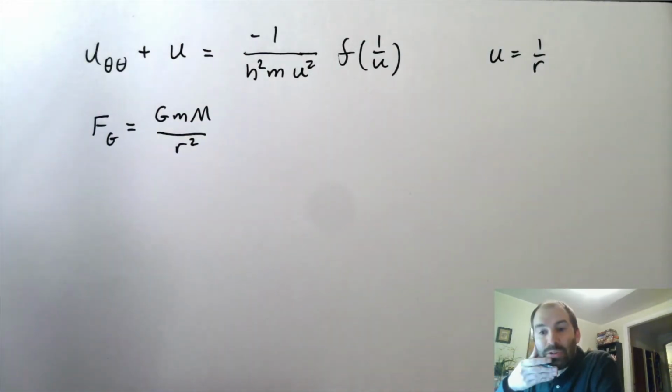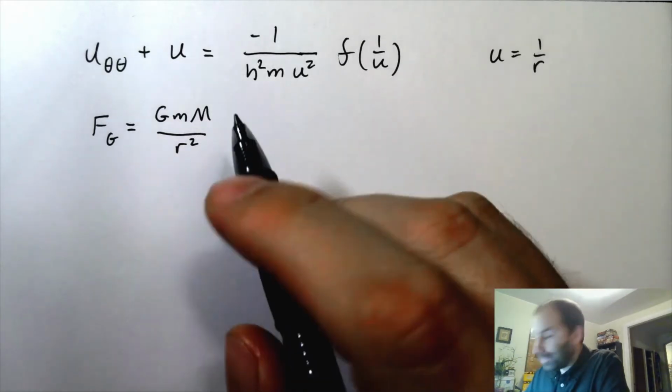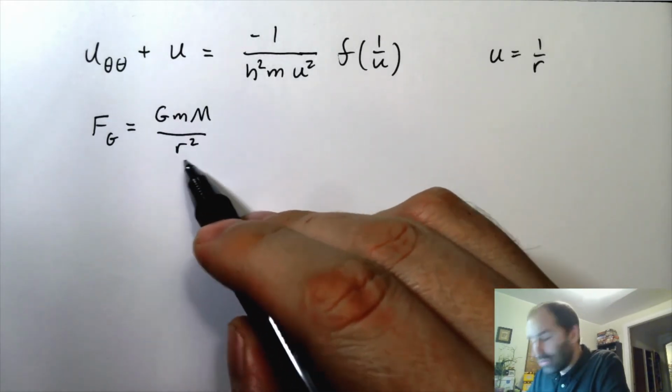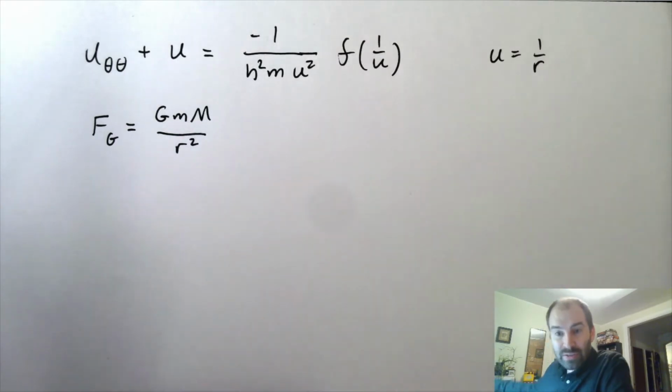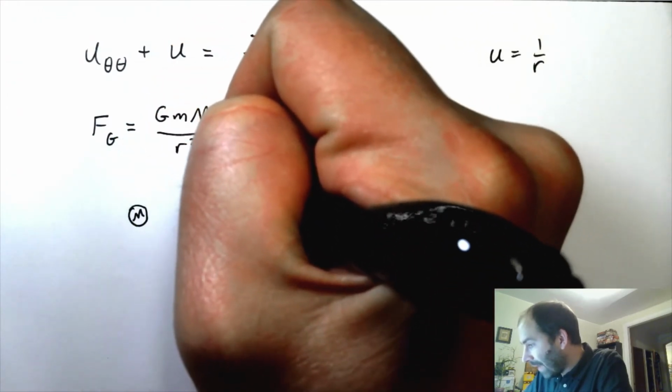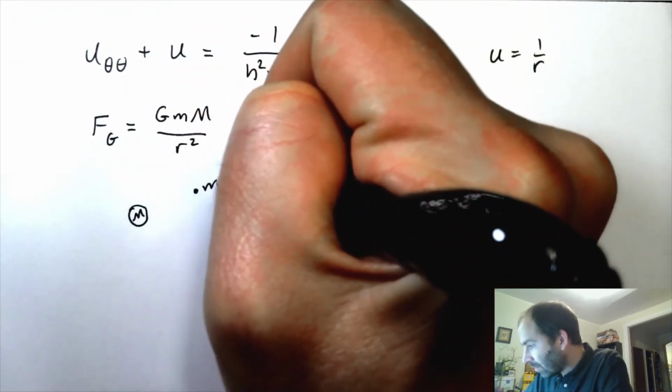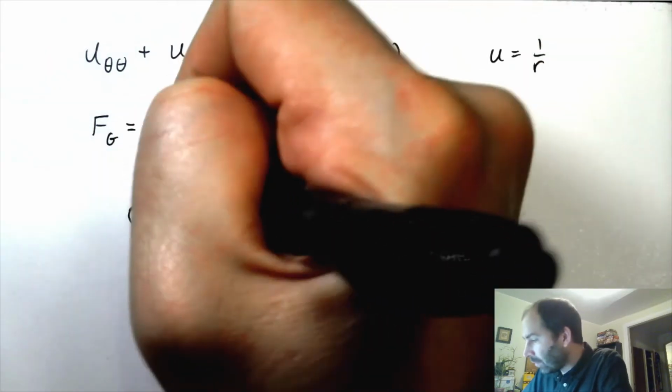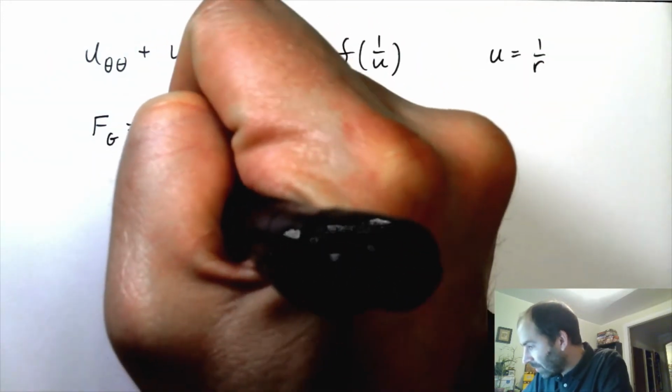This comes from Newton's law of gravitational attraction. So it's proportional to 1 over r squared, where r is the distance between the objects. We have some object here with capital mass M, and then some object over here with lowercase m, and the distance between them is r.